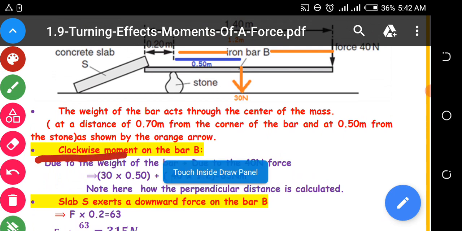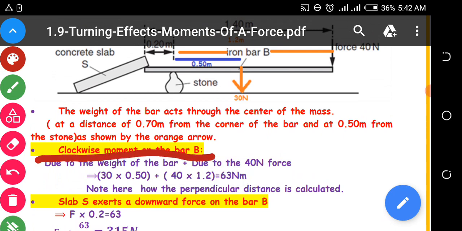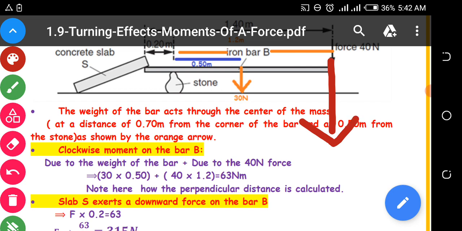And this is the first scenario, clockwise moments on the bar. And which ones are our clockwise moments? We have the moment due to that 40 Newton force, and we have the moment due to this 30 Newton force. And where are those forces acting? At the pivot. So we have the center of mass, we have the 40 newtons.